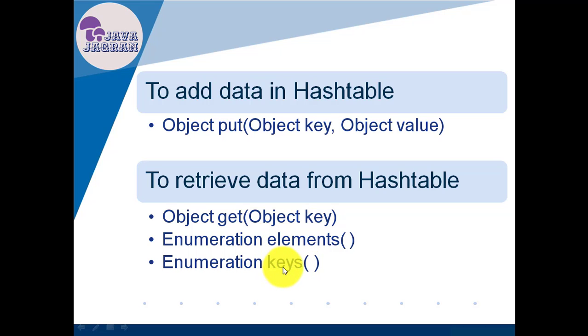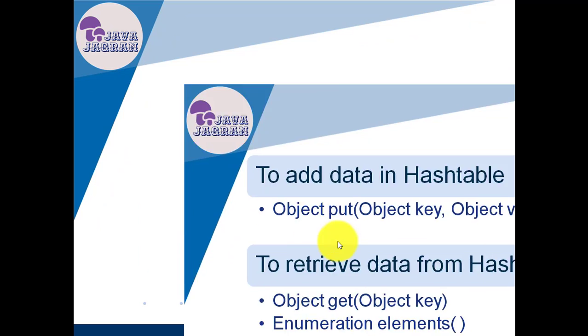Otherwise the keys method will return only the keys. So these two methods are there if you want to retrieve all the records from the hash table. If you want only the keys, we call the keys method, which returns an enumeration object of the keys. If you want all the values, we call the elements method, which returns all the values from the hash table.